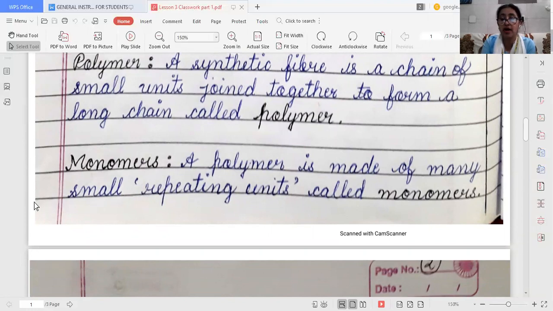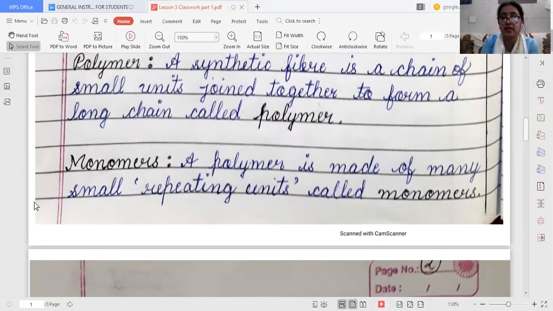Now, I think you all are able to understand the difference between monomers and polymers. Monomers are the small repeating units. For example, take a necklace with beads. One necklace which is made of many beads: the beads are monomers, and that one necklace is a polymer.